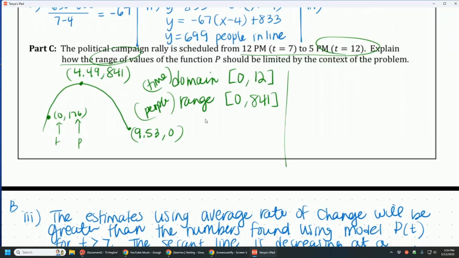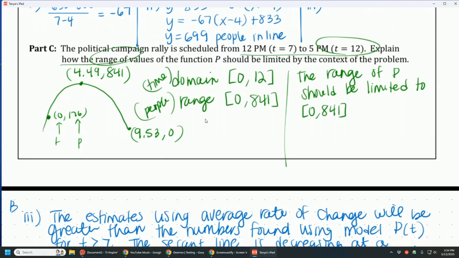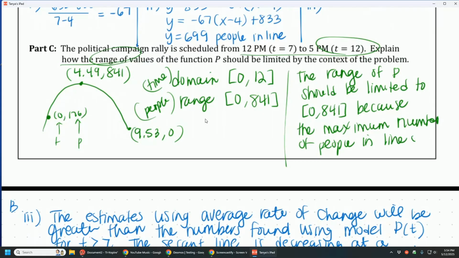So I would write the range of P should be limited to 0 to 841 because the max number of people in line was 841. Okay, and then that is it for this one.